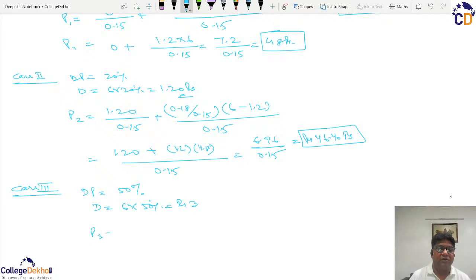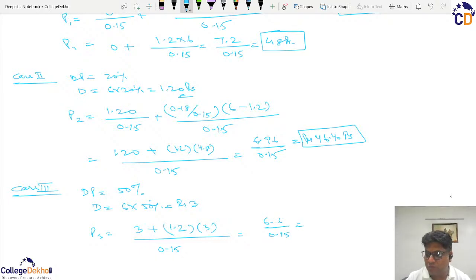So P3 here will be 3 plus 1.2 multiplied by 6 minus 3, upon 0.15. So this will come out to be 6.6 upon 0.15. Now you can solve it. 6.6 divided by 0.15 will come out to be 44 rupees.